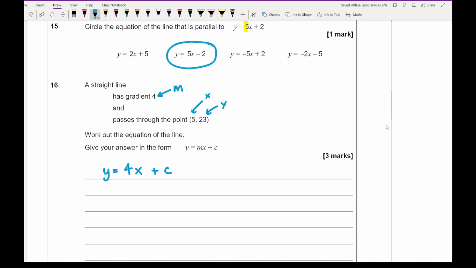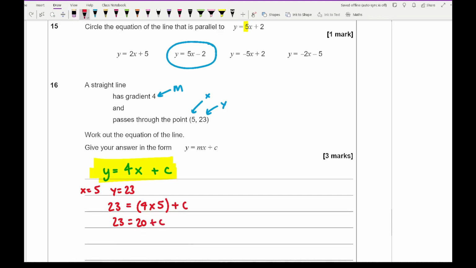So what we're going to do is substitute those numbers in to find out what c is going to be. So x equals 5, y equals 23. So I end up with 23 equals 4 times 5 plus c. 4 times 5 is 20, so 23 equals 20 plus c.